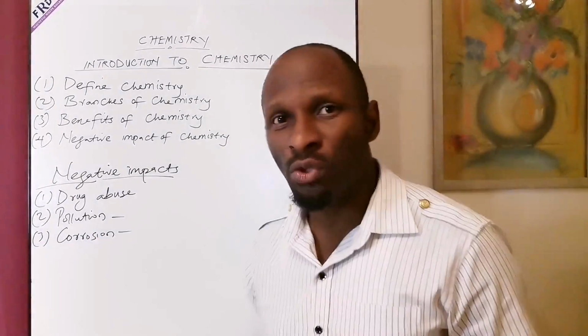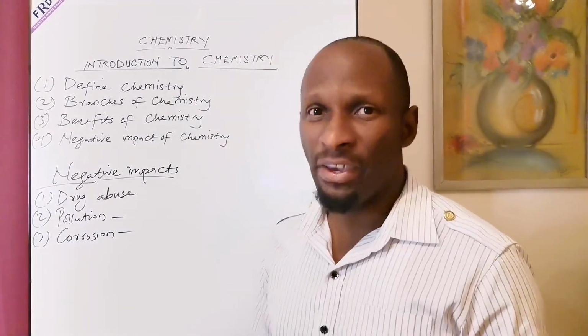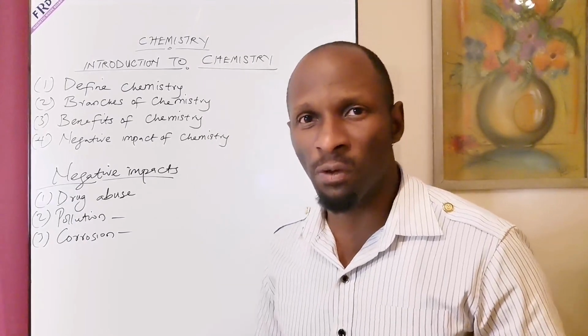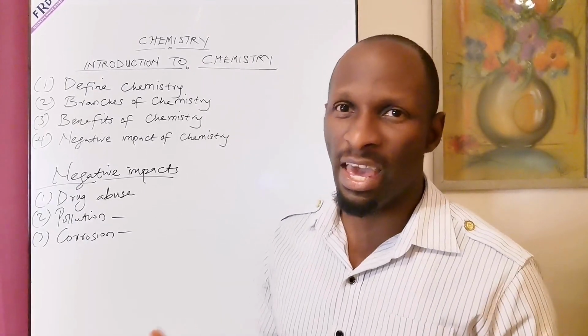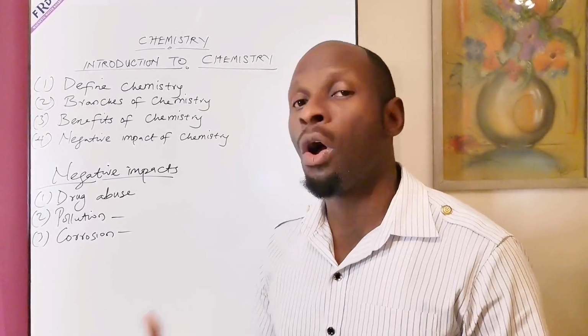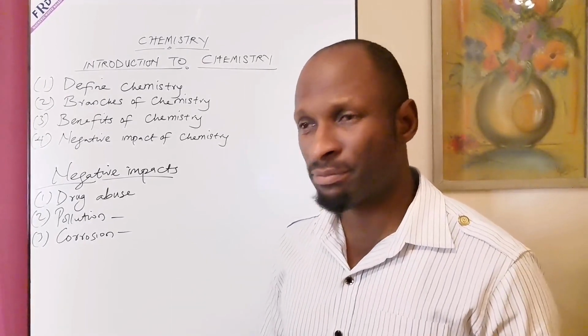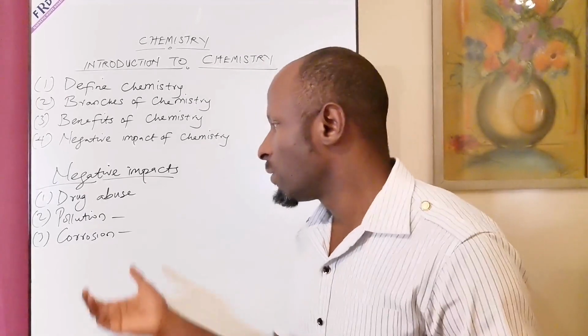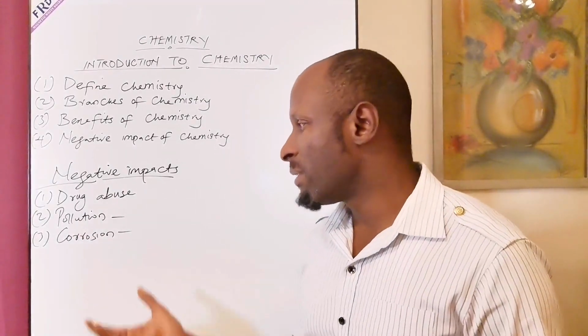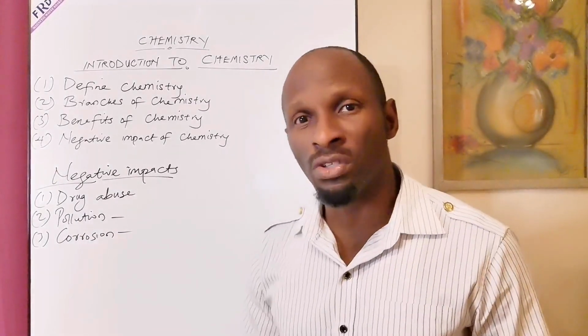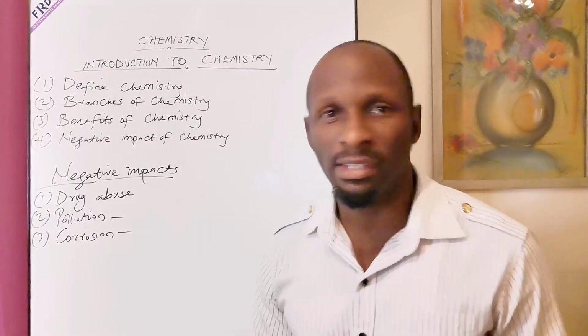Corrosion is otherwise known as the rusting of what? Iron. And it's as a result of reaction between iron and atmospheric oxygen in the presence of water or moisture. Now, these are basically some negative impacts, and anything that corrodes can never be remediated.